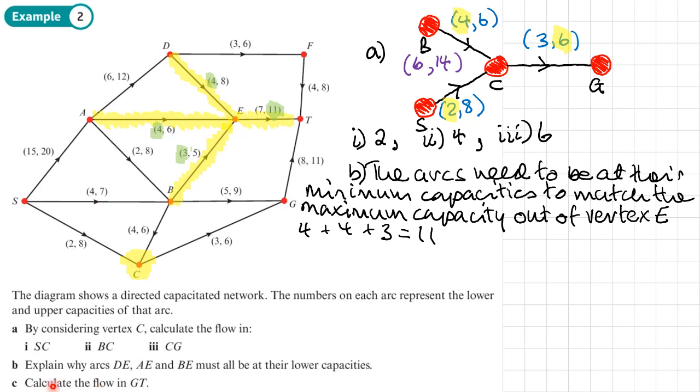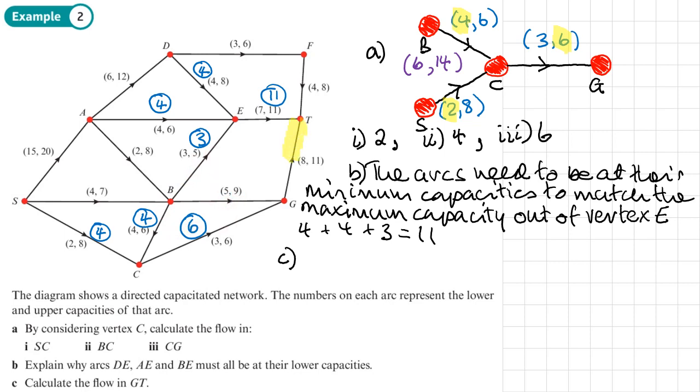In part C, calculate the flow in GT. So I've added onto the diagram all of the flows that we've calculated so far, and we want to work out the flow that's in this arc. It needs to be a minimum of 8 and a maximum of 11.